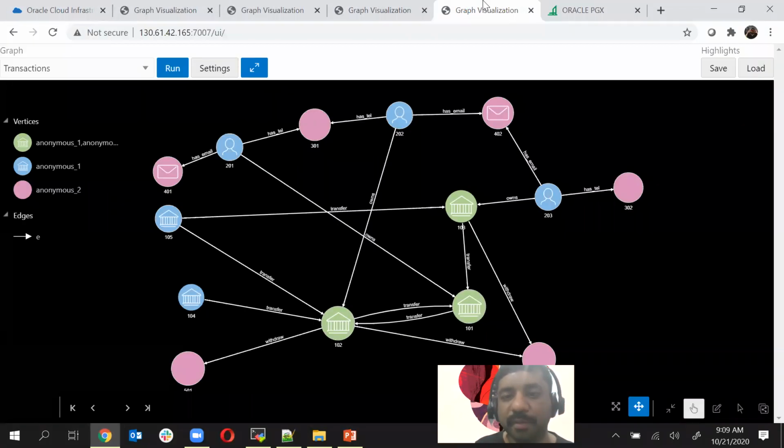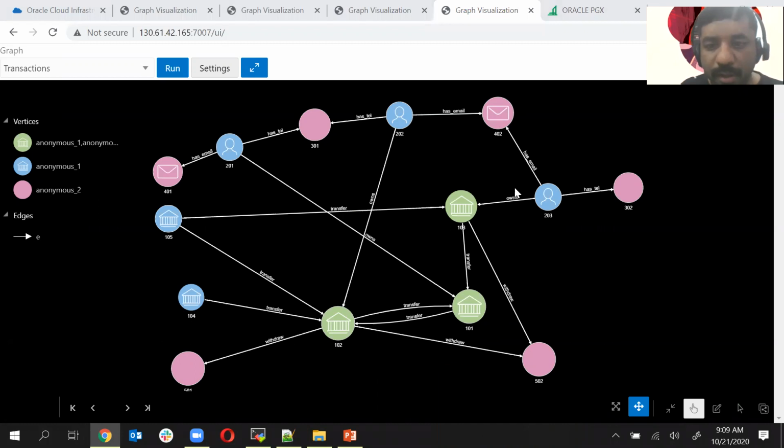So to give you a very basic demo, we can quickly see that there are multiple customer accounts here, multiple bank accounts here, multiple personal information here.